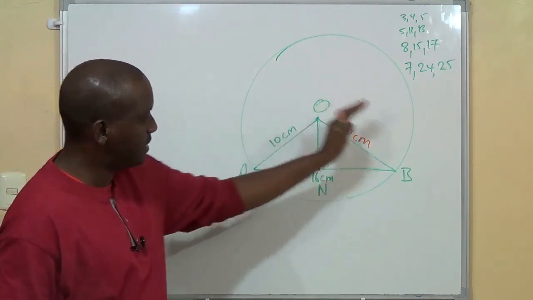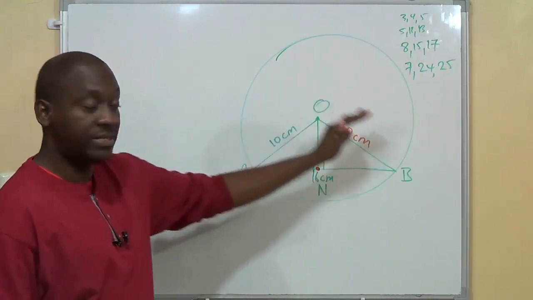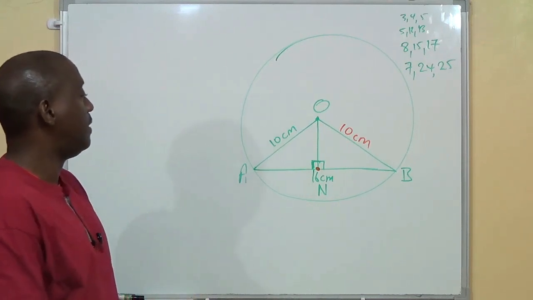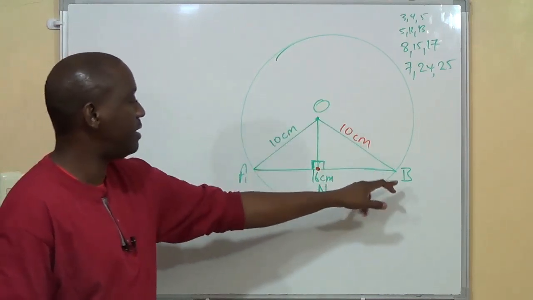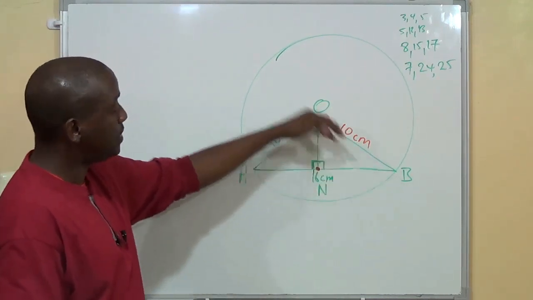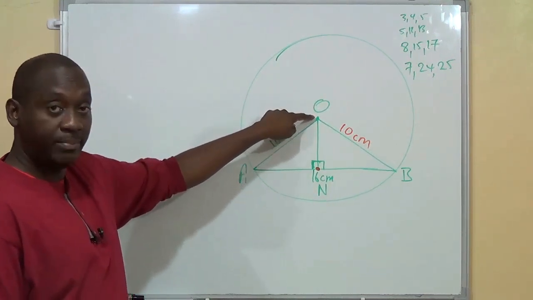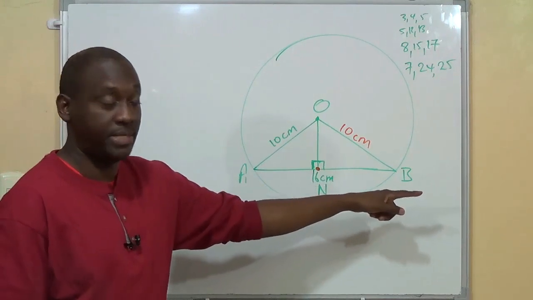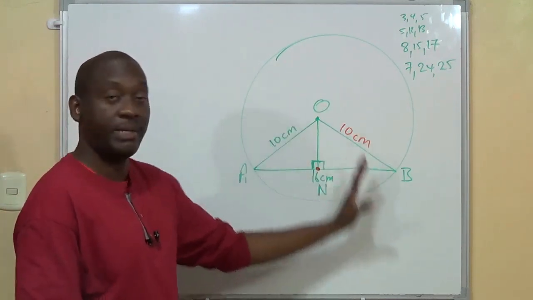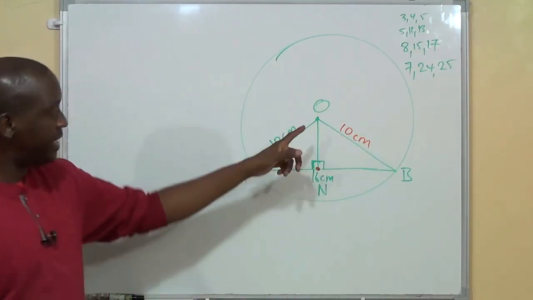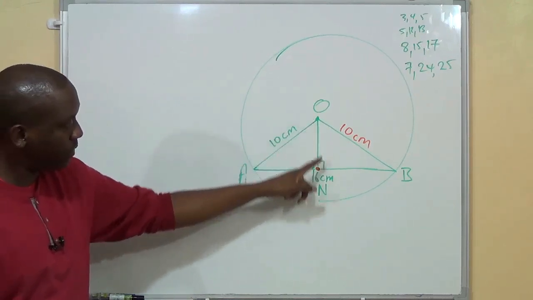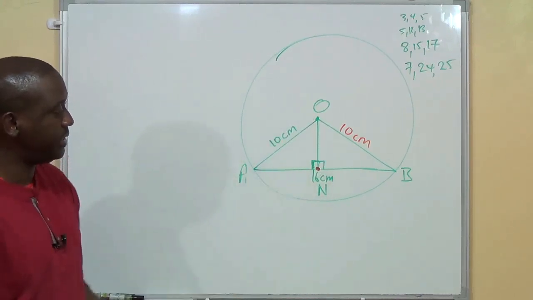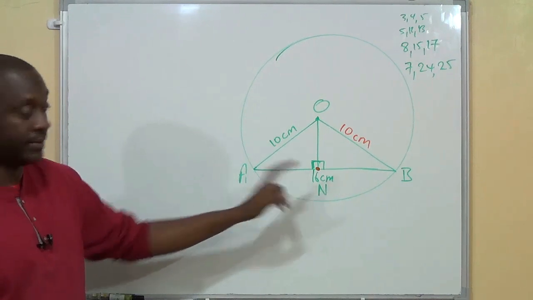You could deduce that based on the properties of a circle. If you have two radii here, that's an isosceles triangle, which means that this point, the apex, will be directly above the midpoint of AB. That is the only way that this could be an isosceles triangle. And if we drop a perpendicular from O, we will land on the midpoint here. That will be the point N, right?